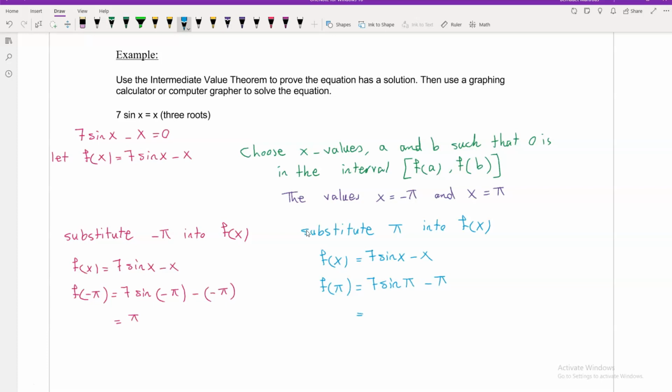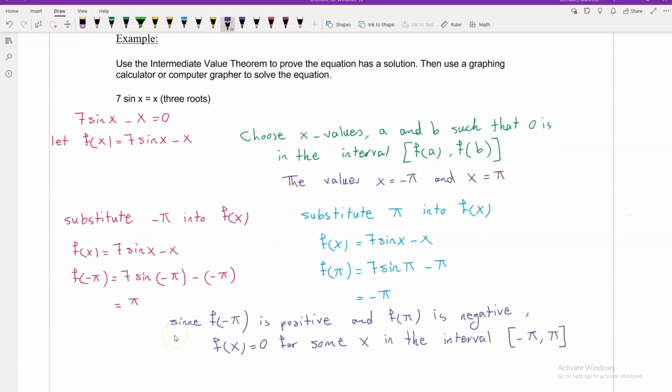Simplify, our answer is negative pi, because 7 sine pi is 0. Since f of negative pi is positive and f of pi is negative, our function equals 0 for some x in the interval negative pi to positive pi.